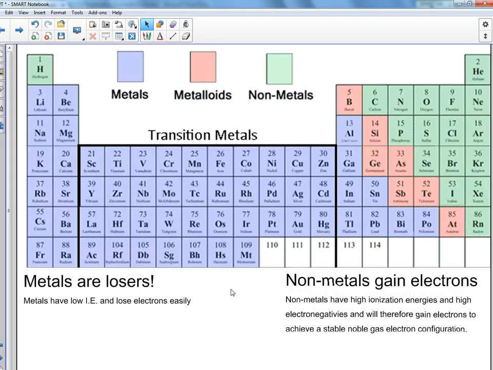It takes a lot more energy to remove an electron from a nonmetal, and they also have high electronegativities. And so when nonmetals react, they tend to gain electrons. If they react with a metal, they can just take an electron from a metal. But we're going to see that when they react with other nonmetals, nobody wants to give up an electron, so they're stuck sharing.